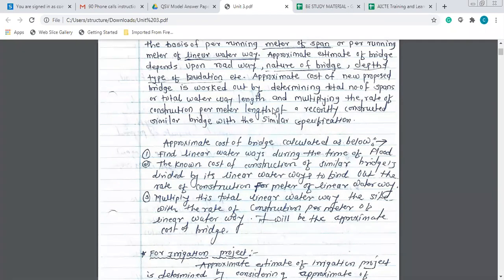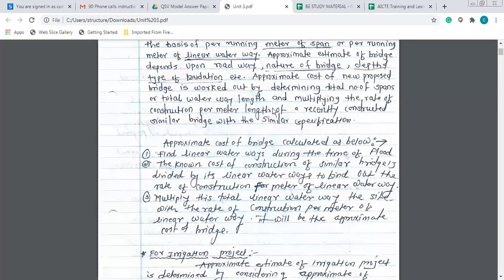Maybe a 20 meter span is there for a single bridge. Again, that 20 meter span is divided into 5 parts. That is a 4 meter span. One span is of 4 meter, another span is of 4 meter. So in total, the 20 meter span is divided again into 5 parts. And again, that 200 meter long bridge is divided into 10 parts, that is of 20 meters each.